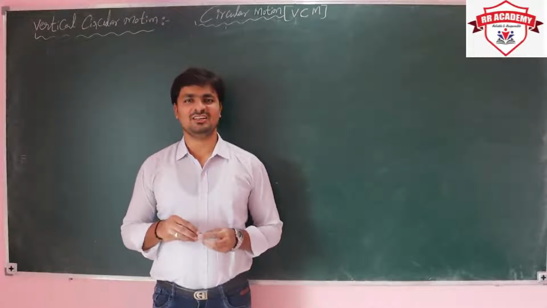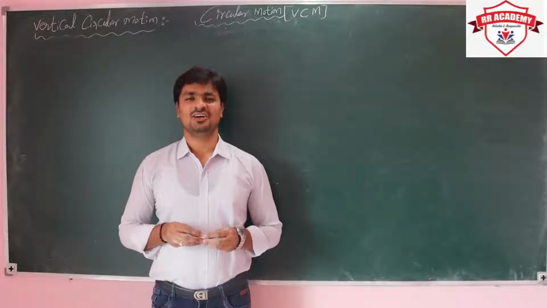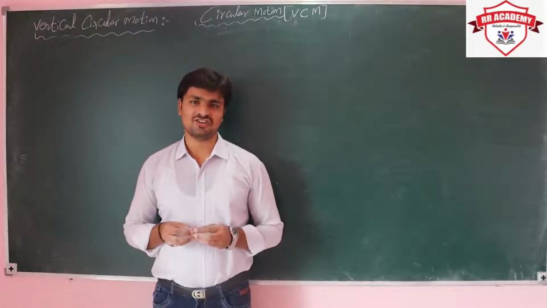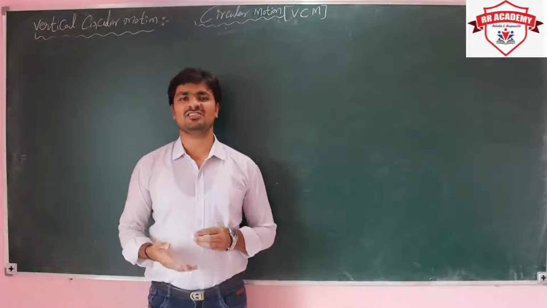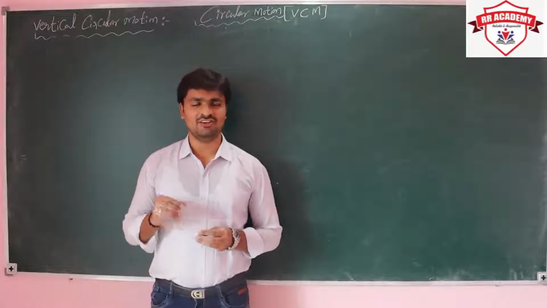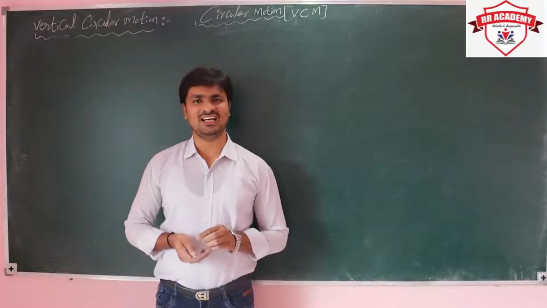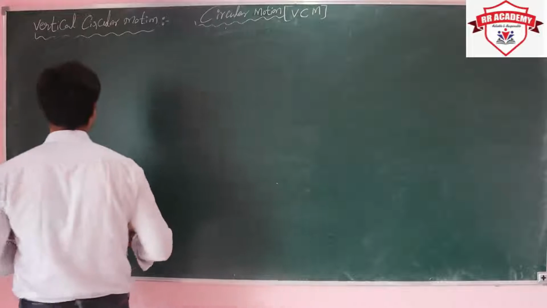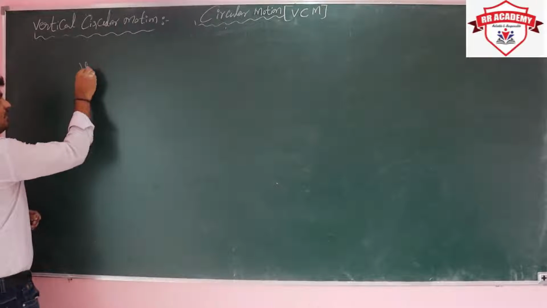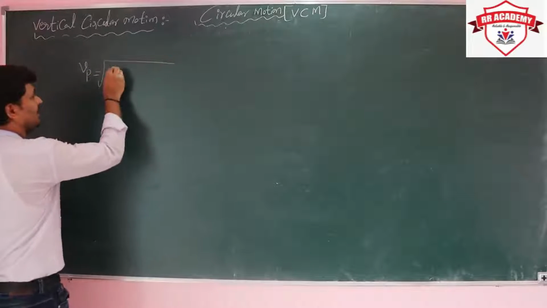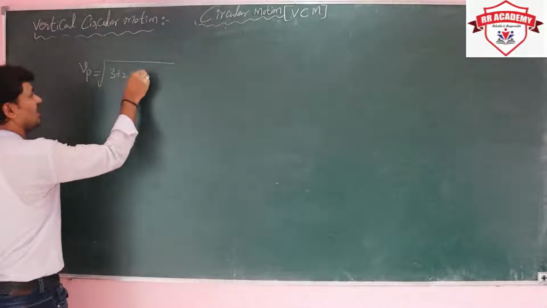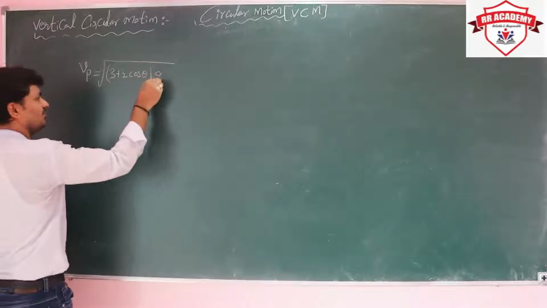So now we discuss the critical velocity condition: the velocity at the highest point when tension is equal to 0. We also found the formula for any point, Vp equals under root of (3 plus 2 cos theta) gr.